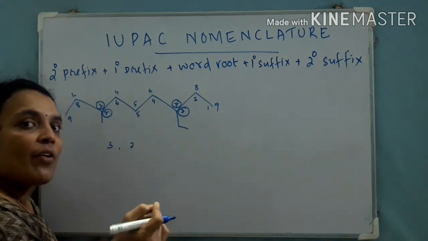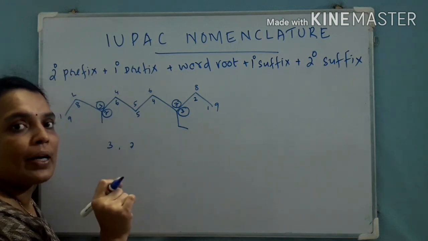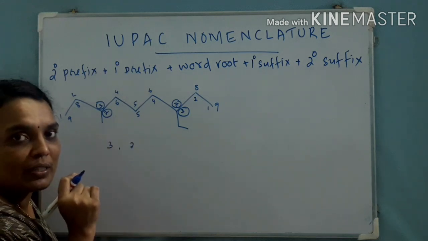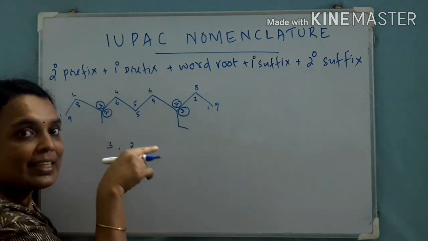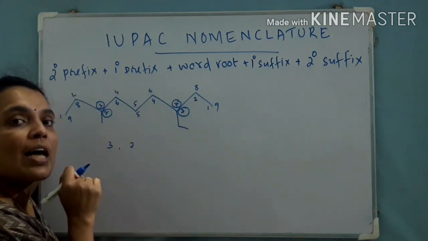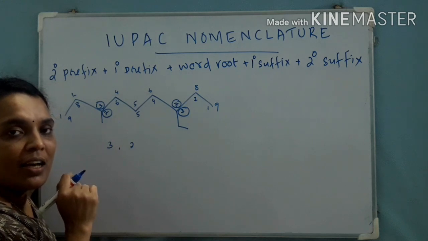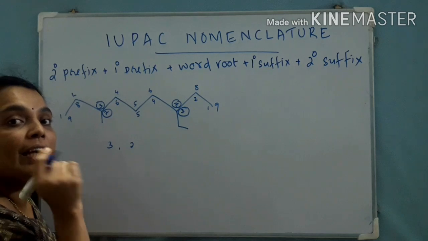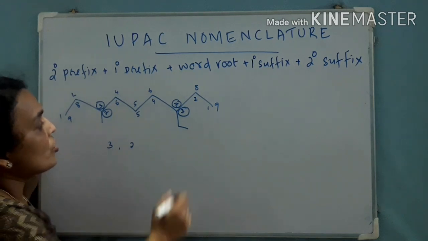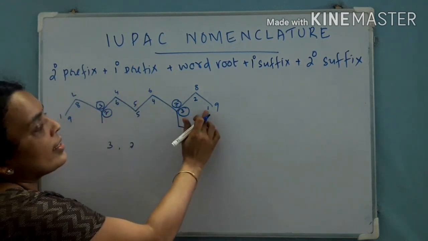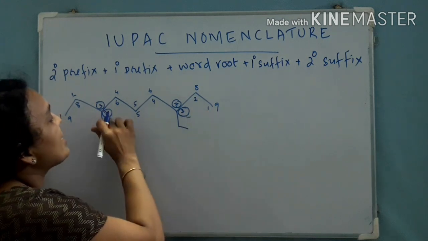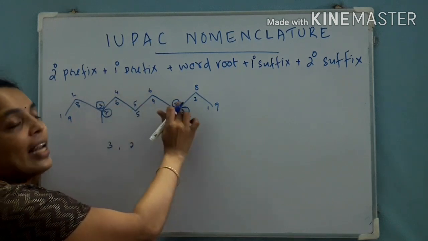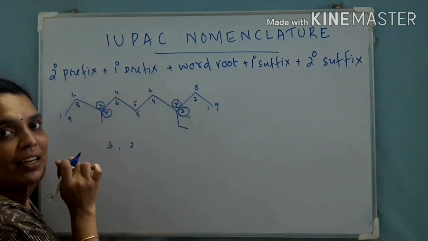In this case, we have to choose the correct numbering according to the alphabetical order of substituents. That is the next rule. If both the substituents are present in the same position, the numbering should be chosen according to the alphabetical order of substituents. If you choose in this way, third position ethyl and seventh position methyl. If you choose in this way, third position methyl and seventh position ethyl.